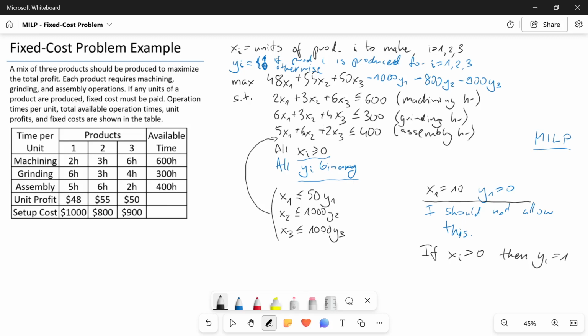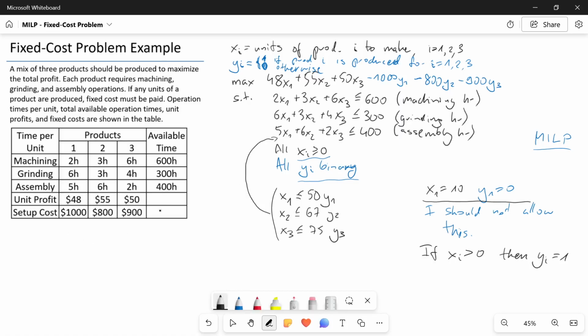And similarly, if I do the same thing for x2 and x3, I can determine the smallest number is 67. And for this constraint, the smallest number is 75. Okay.